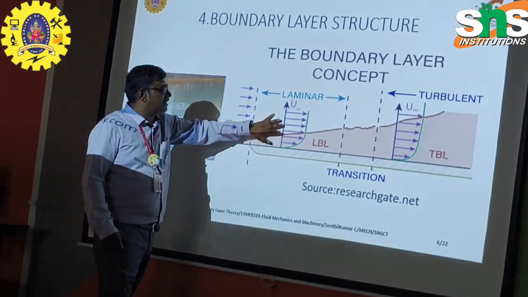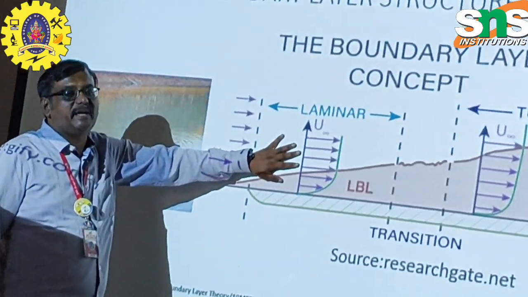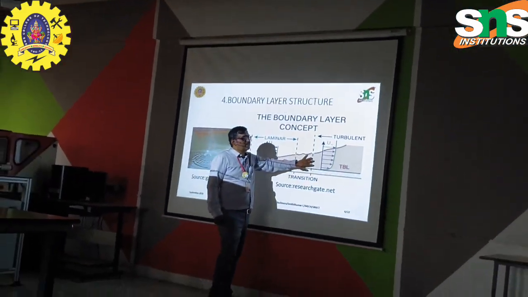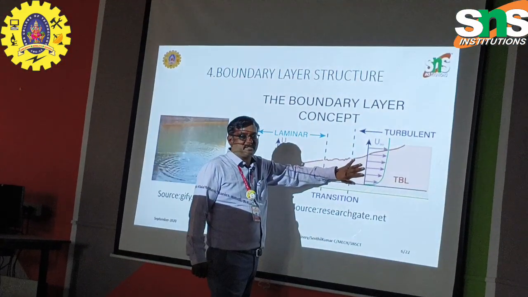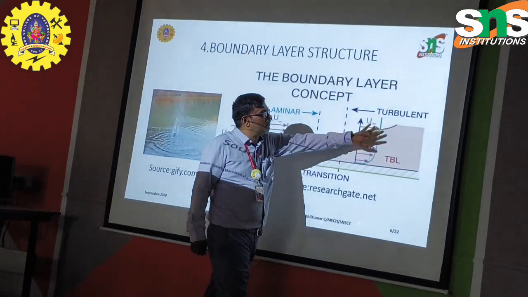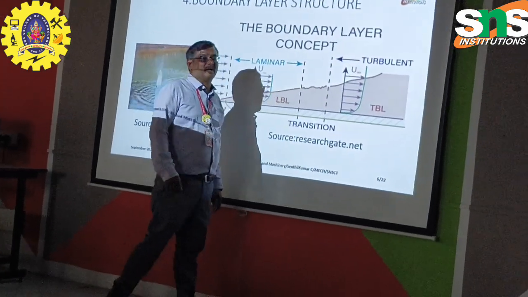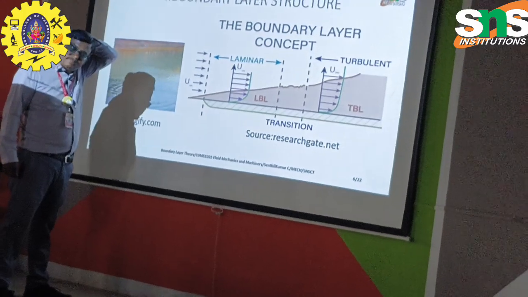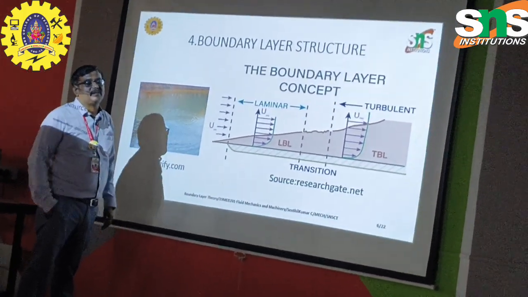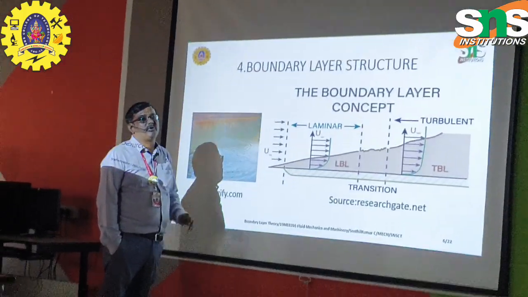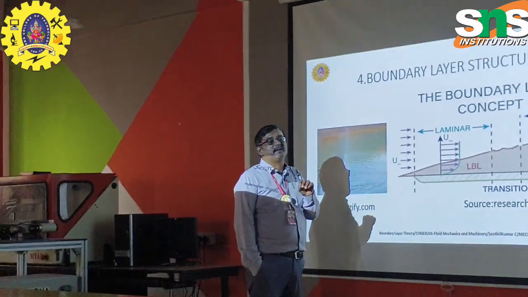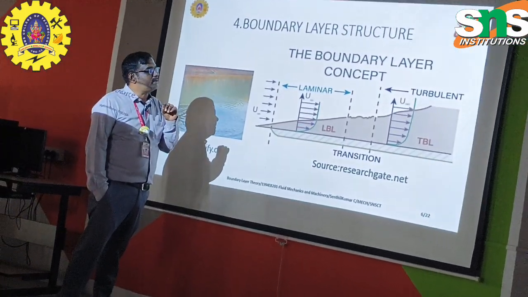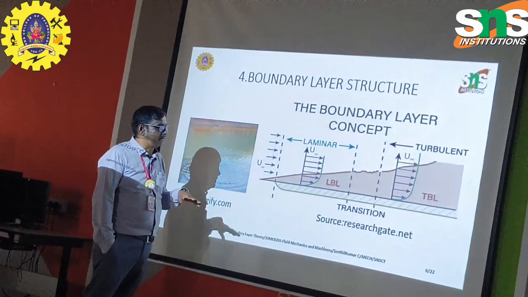That means during the laminar flow the Reynolds number is low, while in the transition region or in the turbulent flow the Reynolds number is high. I elaborated both cases in the previous deliberation: if the fluid is flowing through a pipe, what will be the Reynolds number, and for fluid over a plate, what will be the Reynolds number. Next slide.